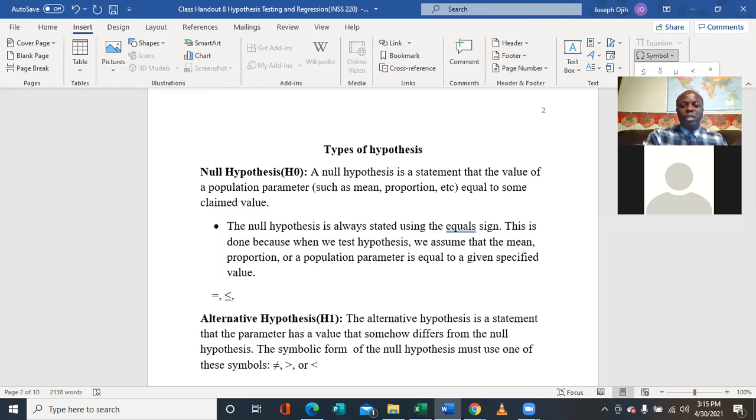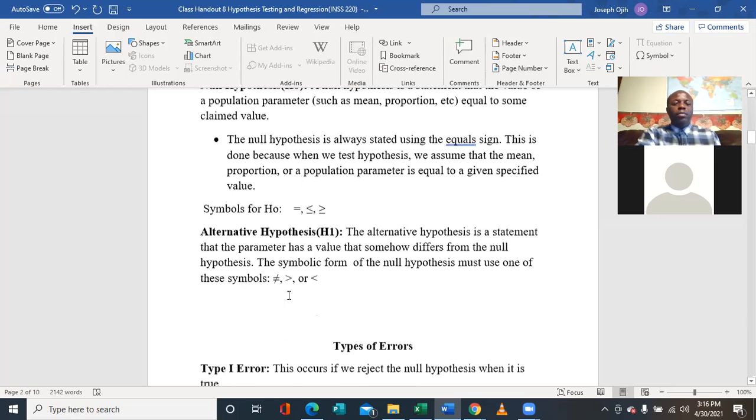These are the symbols for the null hypothesis, and we use H0 to represent the null hypothesis.